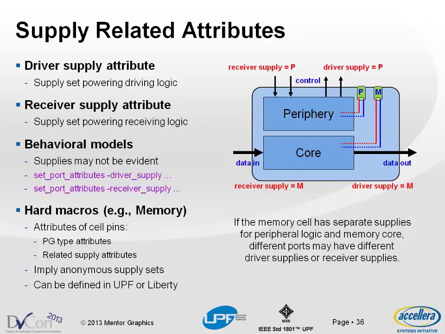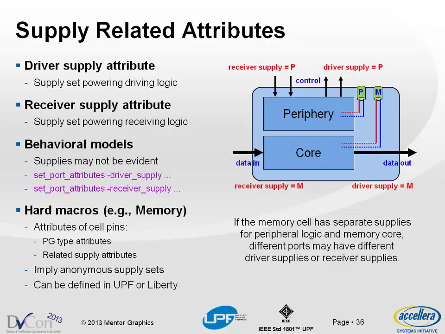In other words, the logic driving one output could be supplied by something that's different from the logic driving another output. In this case, for example, you can see that the logic receiving this input is supply P, and the logic driving this output is supply P. But the logic receiving this input is supply M, and the logic driving this output is supply M.